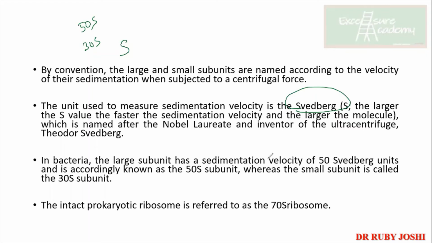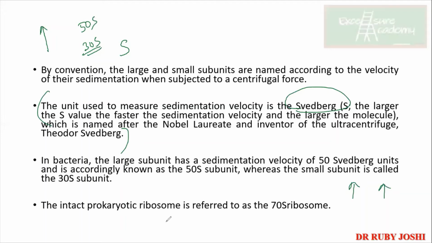So S means अगर जितना ज्यादा आपका value है, okay, it means the faster the sedimentation velocity, उतना ज्यादा आपका उसका weight होगा. Okay, larger the molecule उतना weight होगा, इसलिए उसका sedimentation velocity ज्यादा होगा as compared to the smaller subunit. Okay, this point is very important. So higher the sedimentation velocity, larger the molecule is there. Okay.